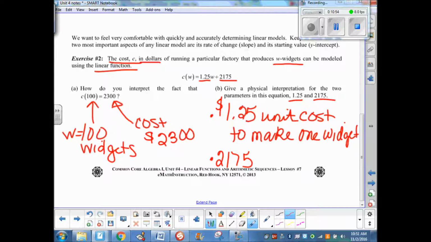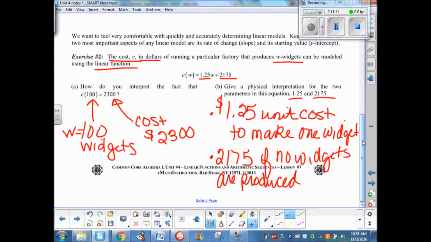Okay. So that says if no widgets are produced, meaning our W is 0, the factory is still putting out $2,175 to operate.